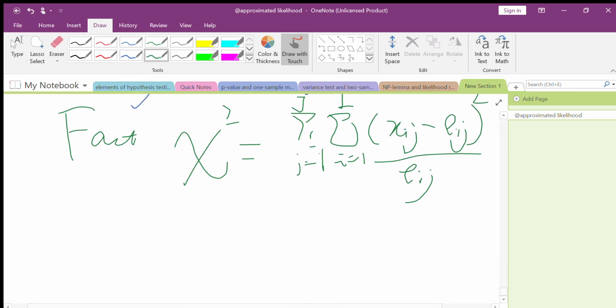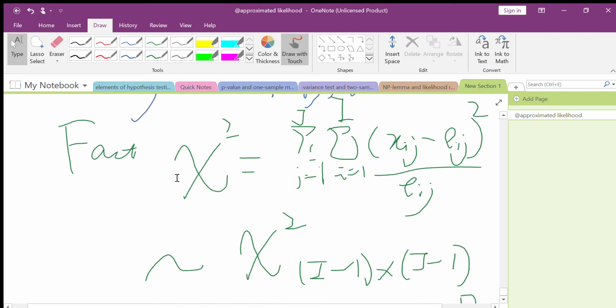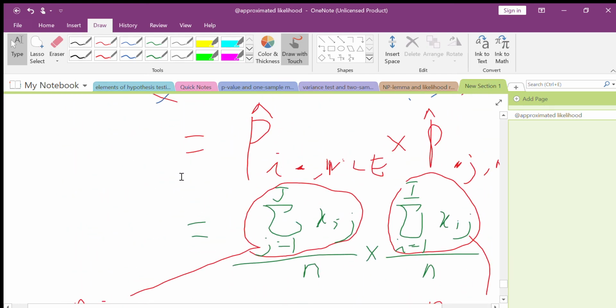It is a fact. We need a mathematical proof, but we don't do that in this course. The degrees of freedom are I minus 1 times J minus 1. So this is the application of the chi-square test in independence testing.